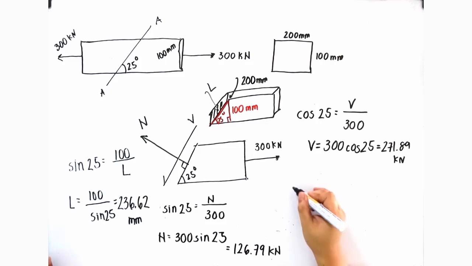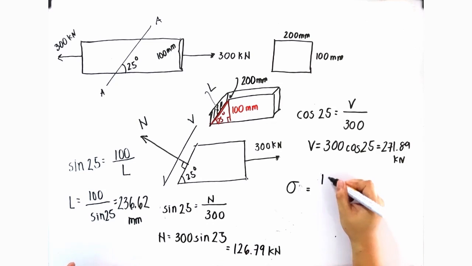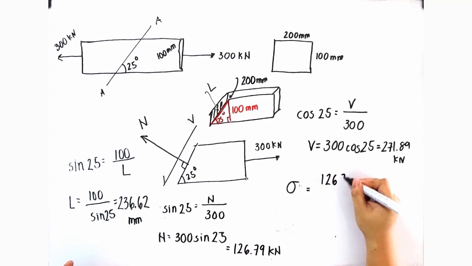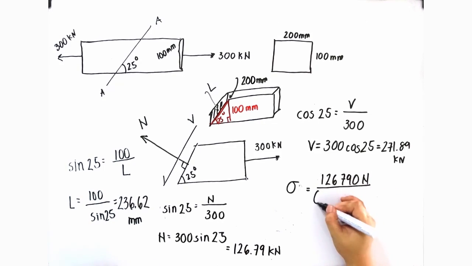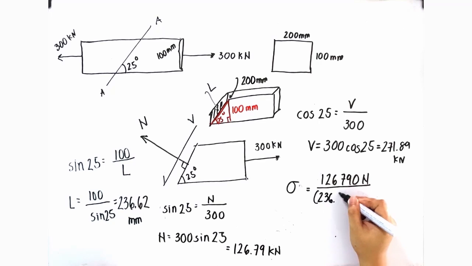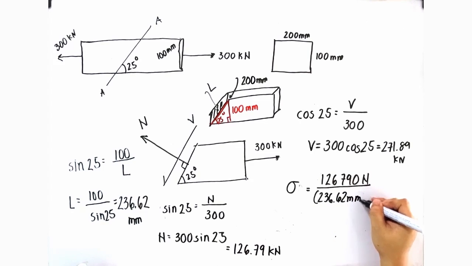To get the value of the normal stress, that is simply equal to what is our normal force? That is 126,790 Newton divided by the area, which is equivalent to 236.62 millimeter multiplied by 200 millimeter.